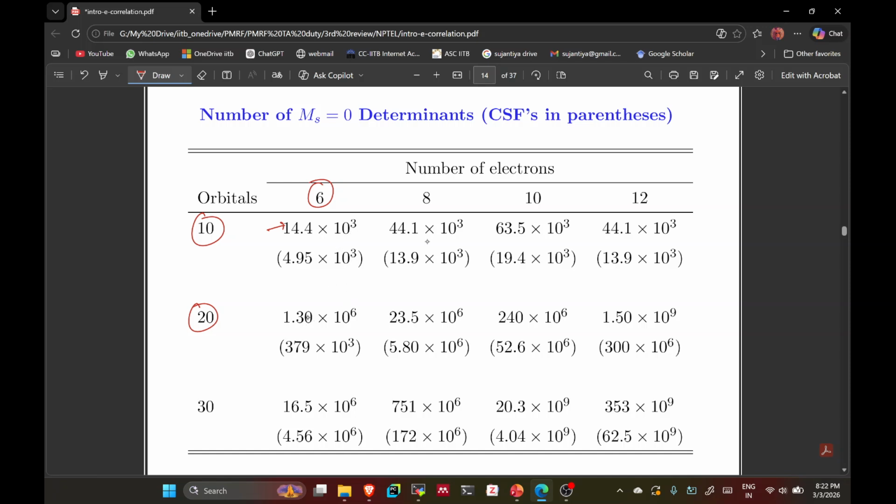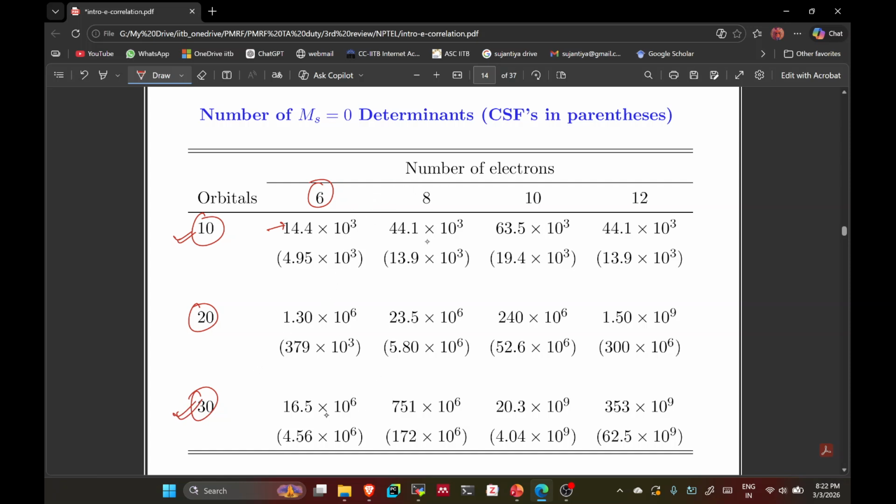Now if you increase your basis set size, to 30 orbitals, there is an increase of about 14 or 15 times, right? Now let's keep the number of orbitals the same at 30 and increase the number of electrons.